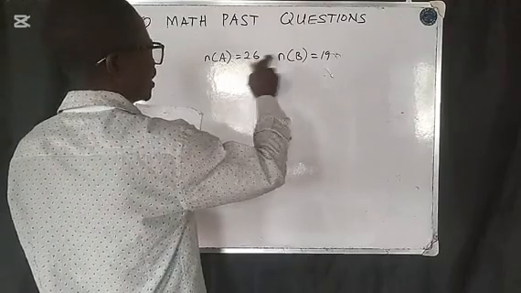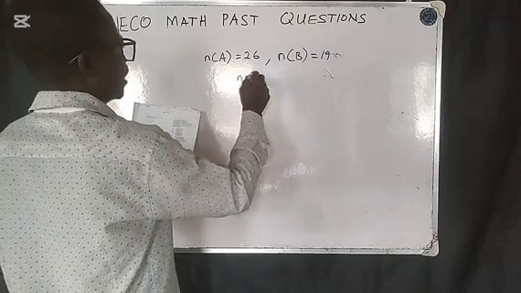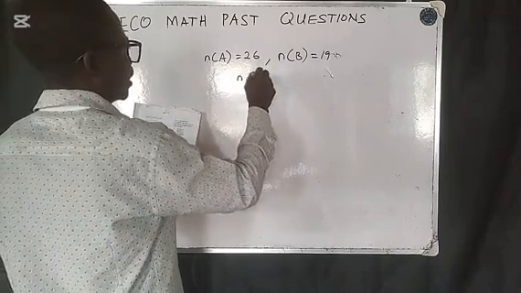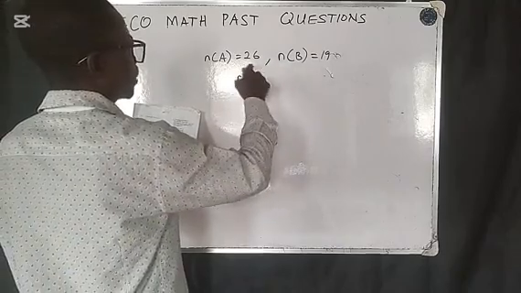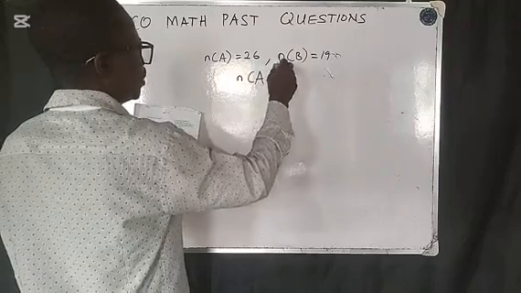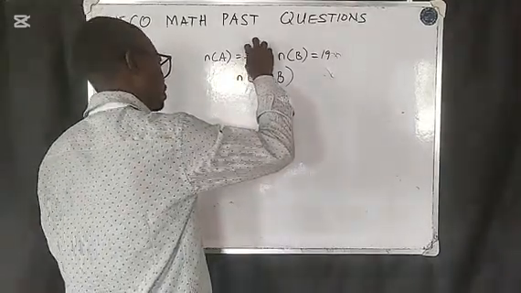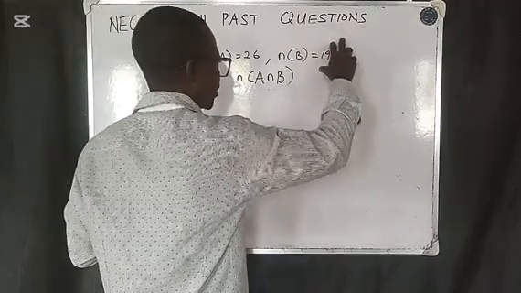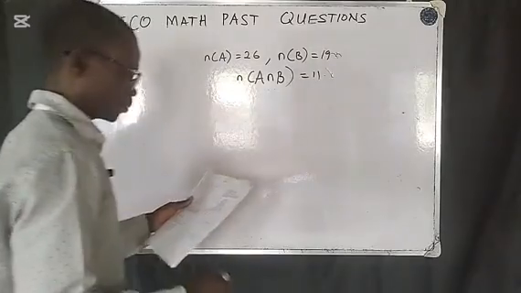Out of these 26 and 19, 11 numbers are common. So we have n of the common values, A intersect B. How many numbers exist here out of the 26 and also exist here out of the 19? We are told the numbers are 11.